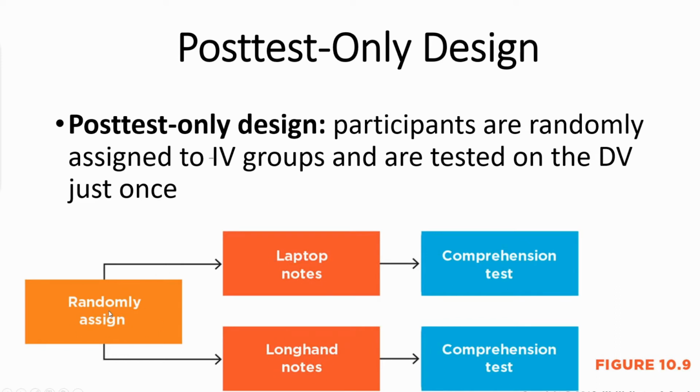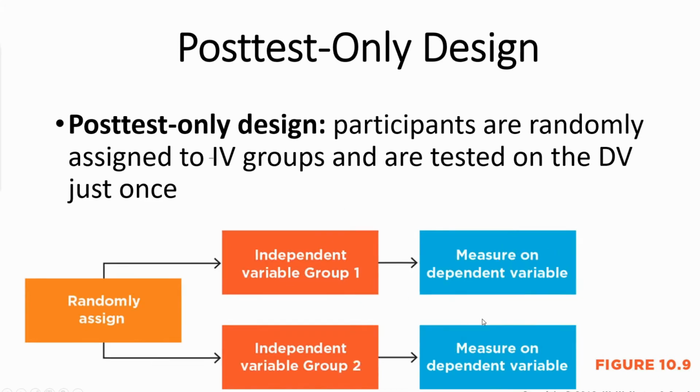So you randomly assign them, you get them to watch the video and take notes on the laptop, or they take notes on their piece of paper, and then you test the dependent variable, their performance on a test at the end. So there is only a single testing going on here. And so this can work for a bunch of different setups. But you're measuring that dependent variable only once and only after exposure.